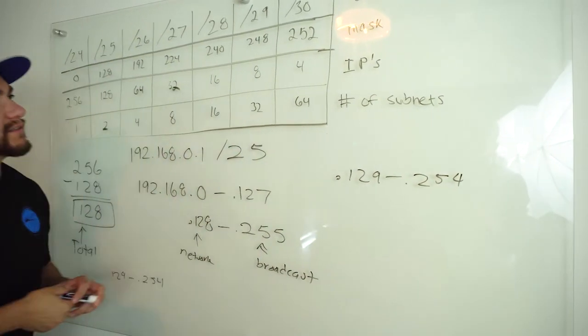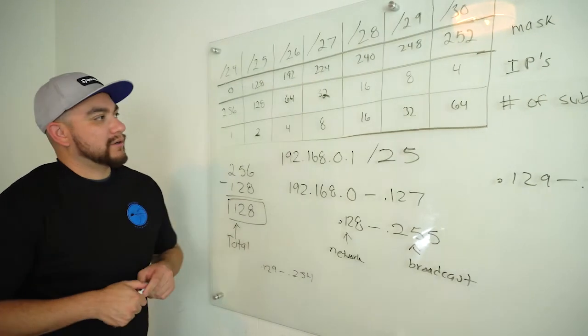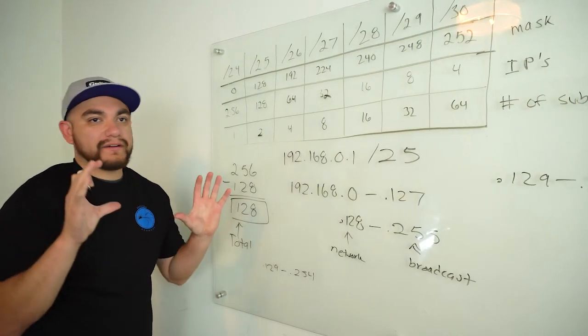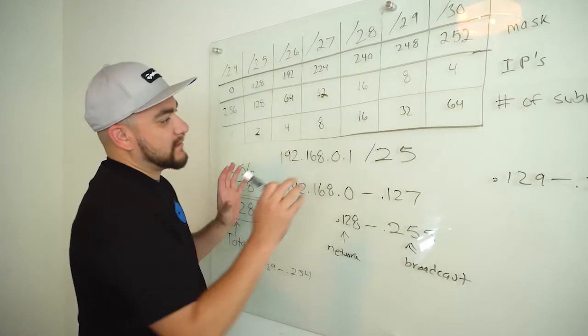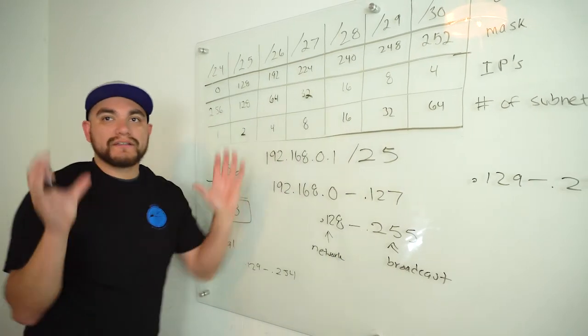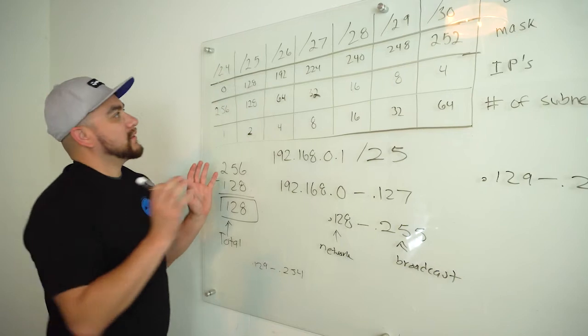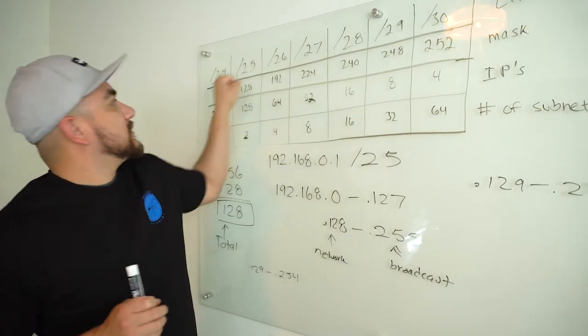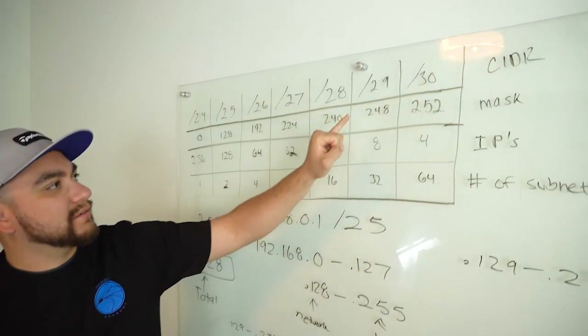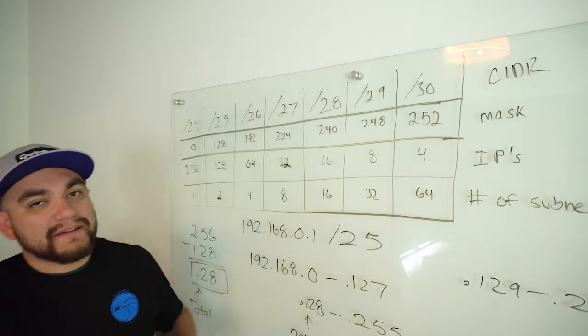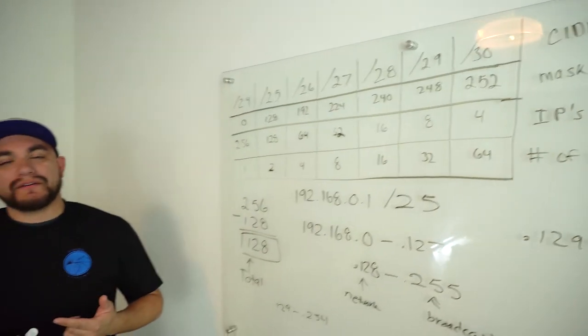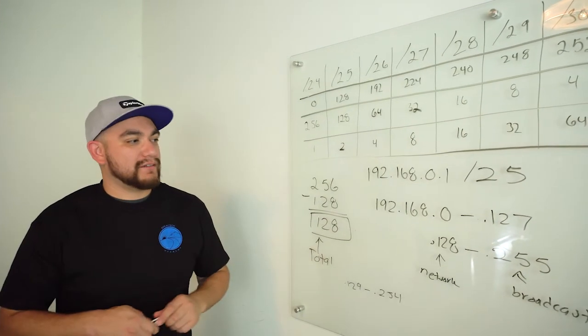Just think of it as there's a certain pie here, and the whole pie is 255. Each one of these masks here is telling us how many pieces of pie we can have within that 255.